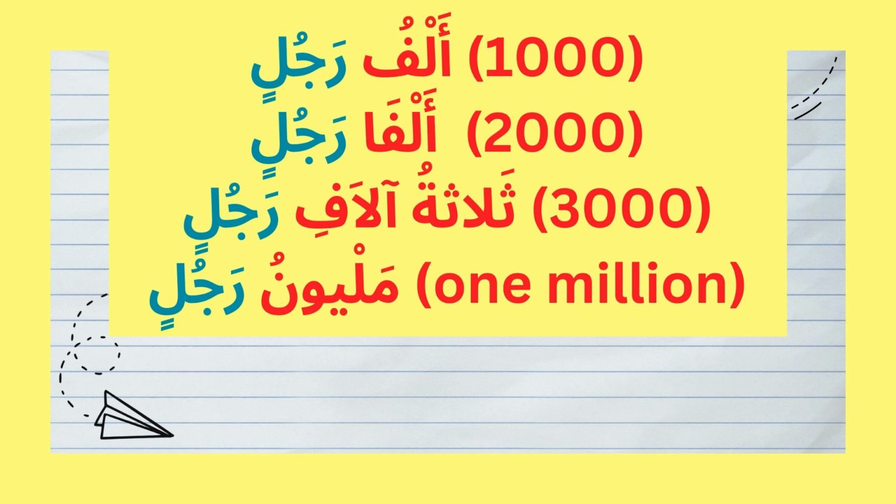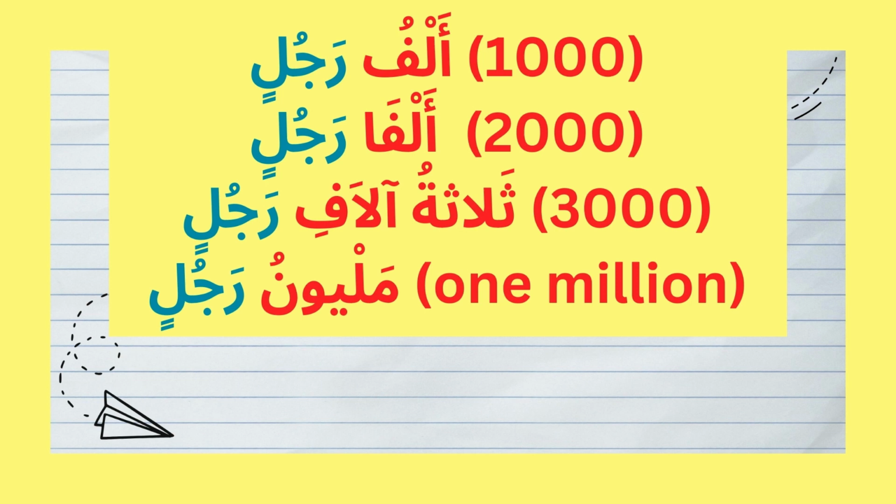Now we'll talk about ألف, 1000. The word for 1000 is ألف, ألف رجل. Rajul is again man. So 1000 men. Notice that again here we have the genitive singular, just like hundreds. ألف, 1000. ألفان in the dual, 2000.